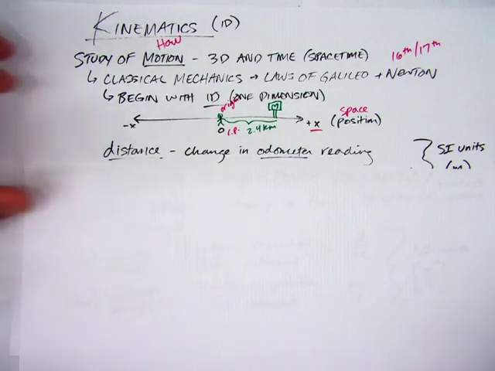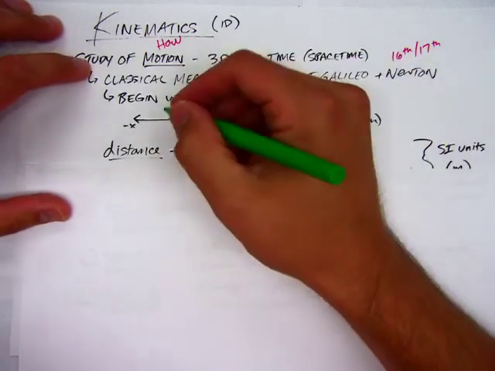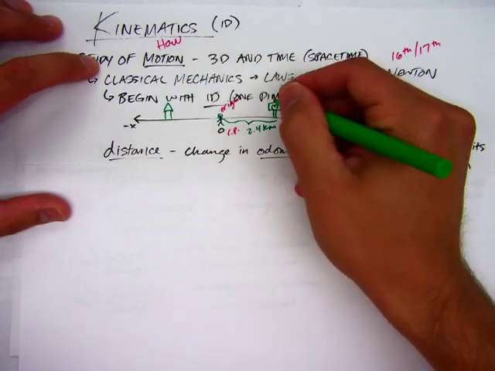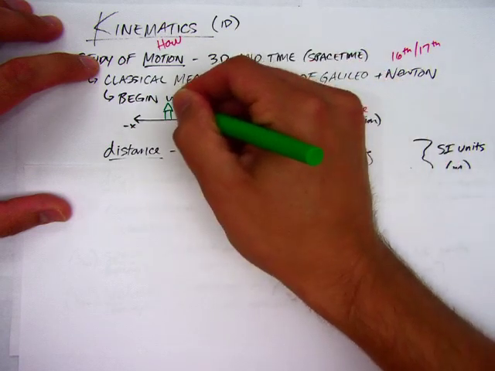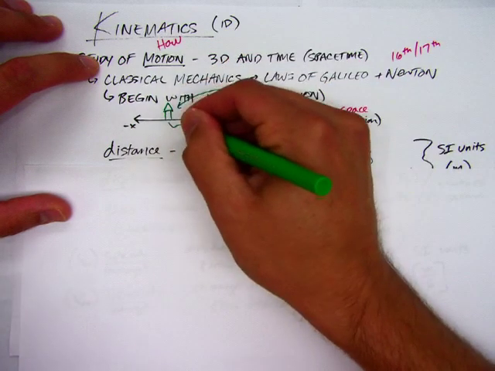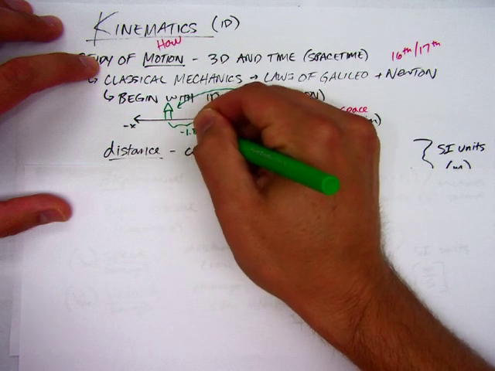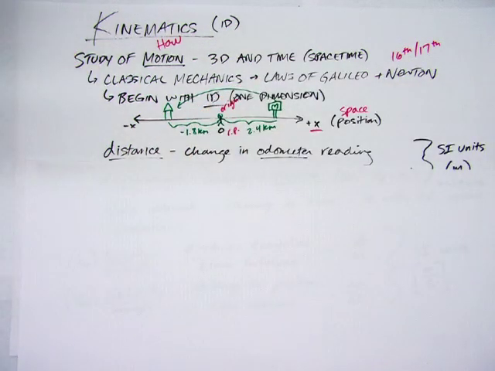Then you grab your McDonald's and you want to go to your buddy Frankie's house. Frankie lives back on the other side of your house, so you travel back to his house, which happens to be 1.8 kilometers to the left of where you started.